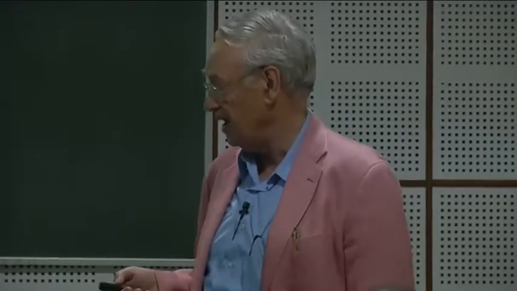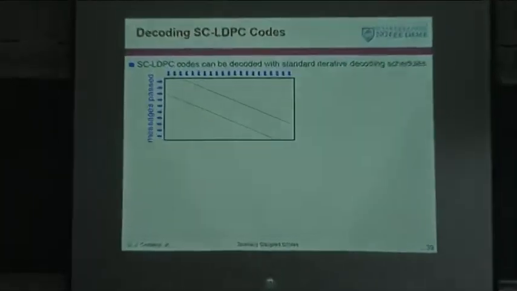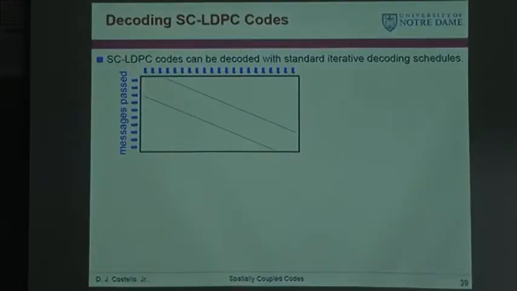And what we'd really like to know is, for practical block lengths, rates, and latencies that we'd be interested in in an actual system, how do these codes stand up compared to block codes? We know their asymptotic properties are great, but that doesn't necessarily mean that they work just as well in the finite length regime. So we have several different ways of looking at that.